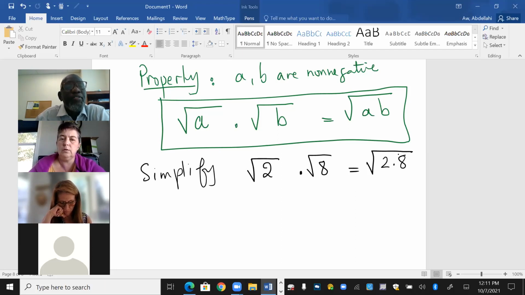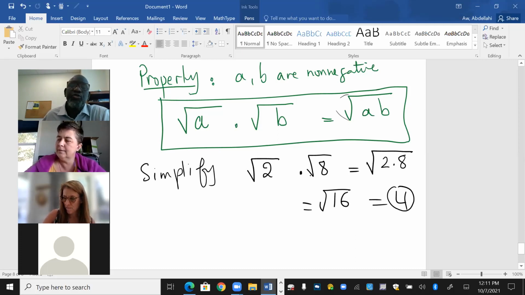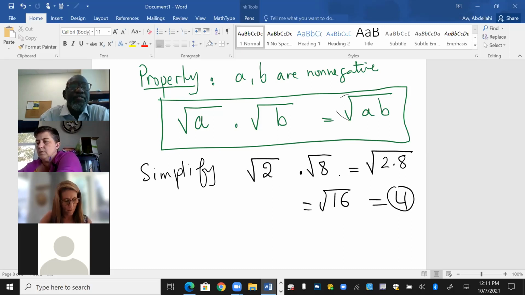Square root of what number? What is 2 times 8? 16, right? And what is the square root of 16? It is going to be 4. You see, by applying this rule, it allowed me to simplify something that otherwise would be very hard to simplify, okay?